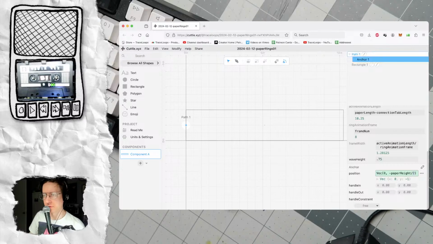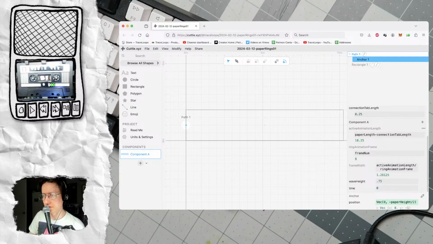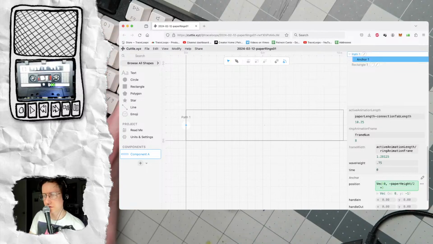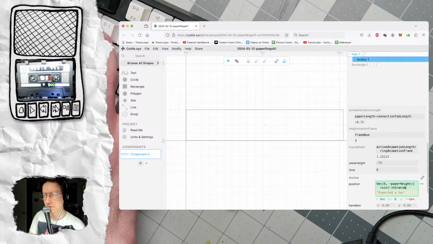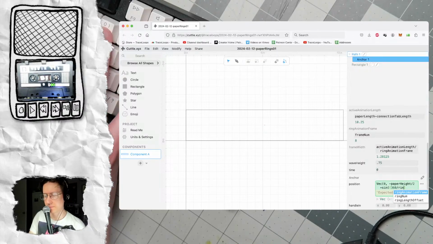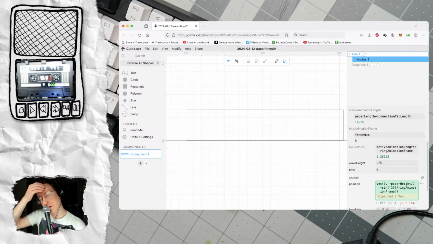And this, oh, I need to throw in, just for my sake of understanding things, time. That's just how I know things to work. Plus sine 360 divided by ring animation frame. Right, because this needs to reconnect after 8 frames.